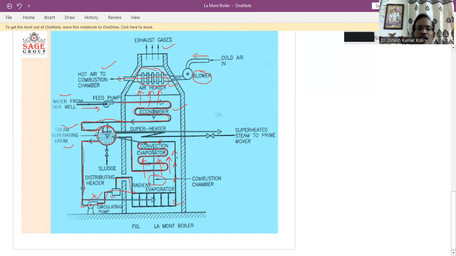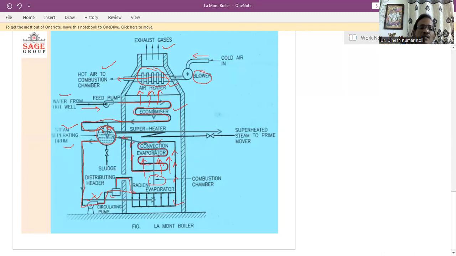The hot gases outside the tube give heat to this mixture and convert the water totally into dry vapor. Getting heat from this section, the dry steam goes to the steam separating drum again, but here it is stored at the top of the drum, because dry steam is lighter and the water is at the bottom.